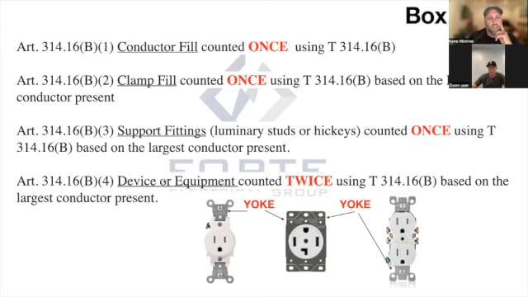But if you had a receptacle in there, that would be another 4, which would be 10 total, with all the devices and clamps and conductors that are in there. You would subtract that from 18 because you had an 18 cubic inch box, and you'd still have 8 cubic inches to deal with.